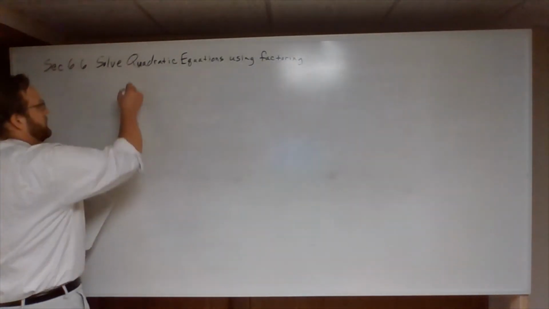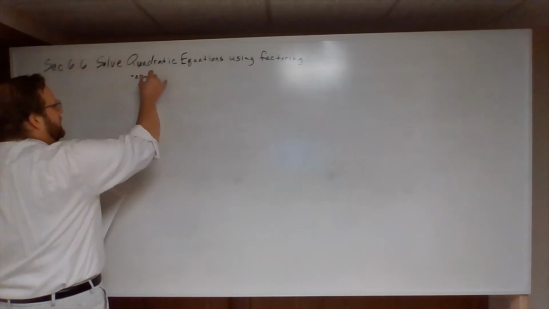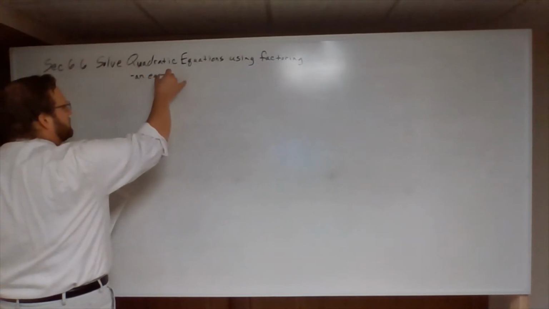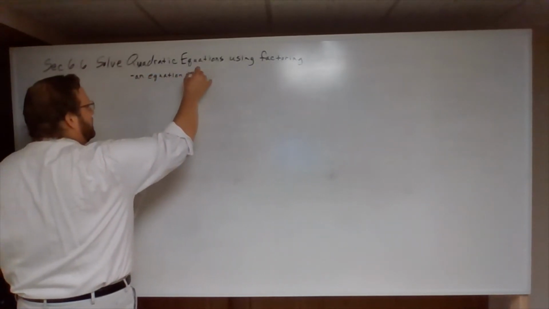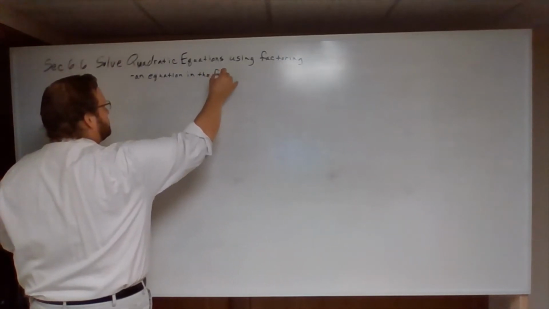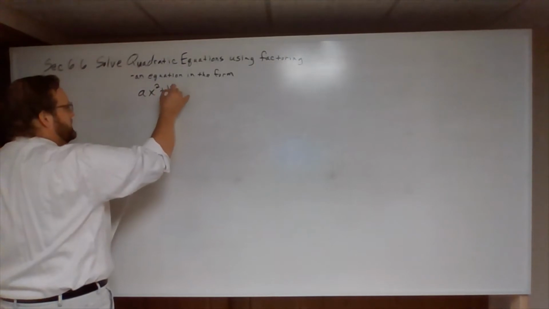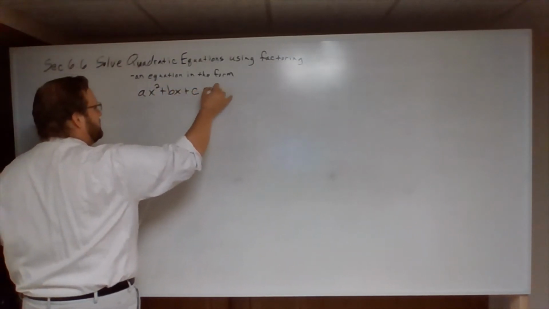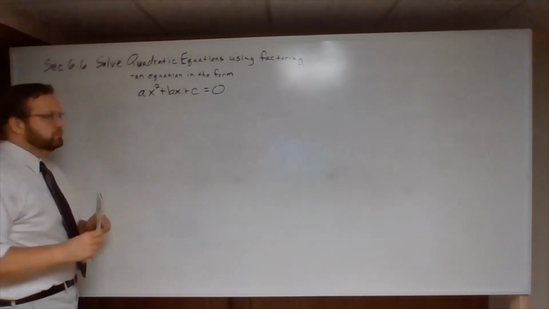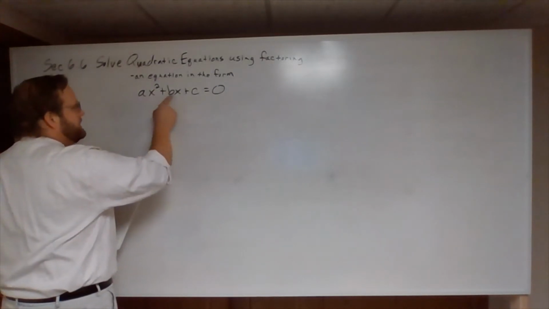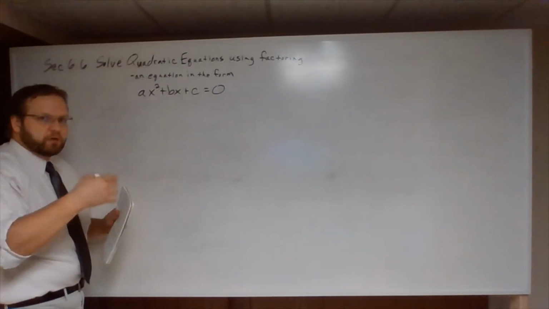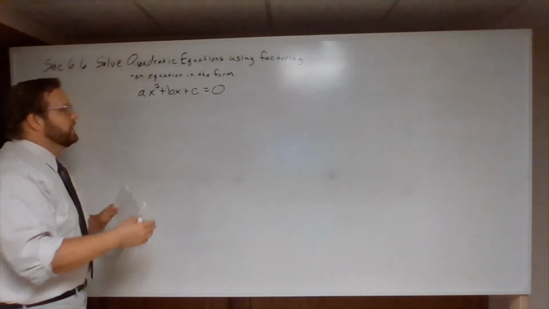So a quadratic equation is an equation in the form ax squared plus bx plus c equals 0. Now, a, b, and c are going to be numerical coefficients or constants, okay?